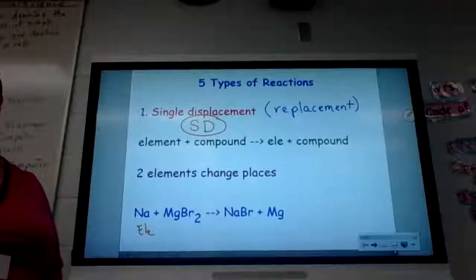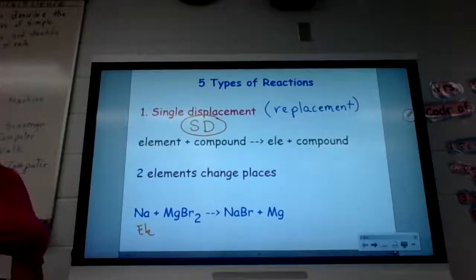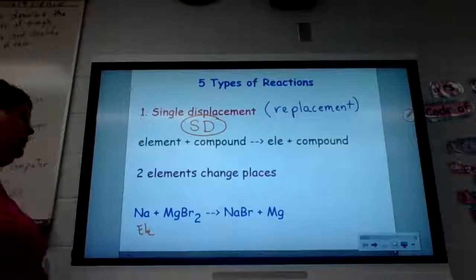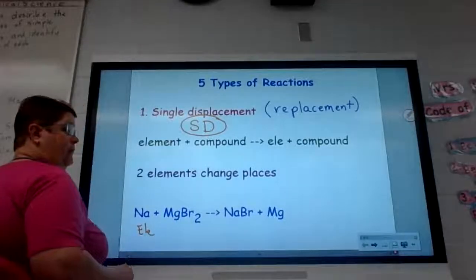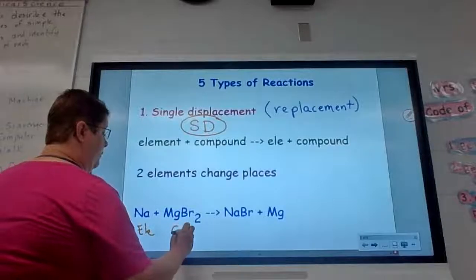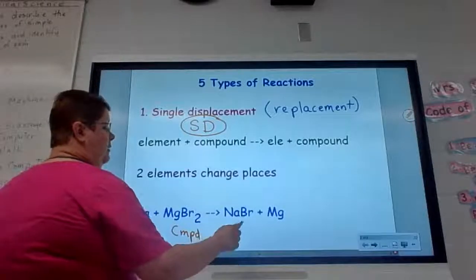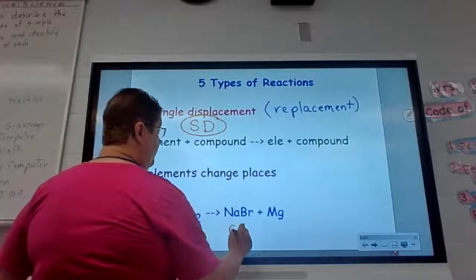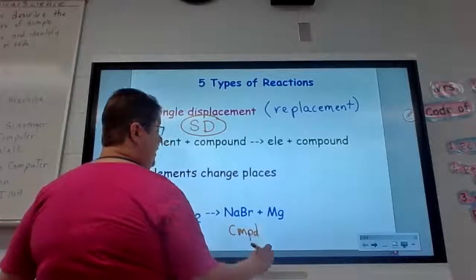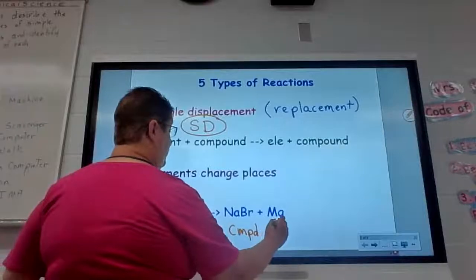Also, as a shortcut, how many capitals does it have? One. It's only got one capital letter. How do you know this is a compound? It's got two capital letters. What's this? It's a compound. And what's Mg? It's an element.